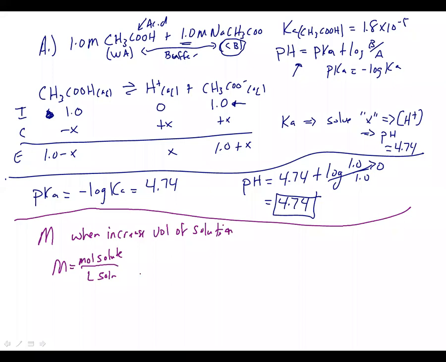What we see is the bottom part here starts to change. And that means if we're constantly adding volume, for example, in a titration, you constantly add volume as you're doing the titration.